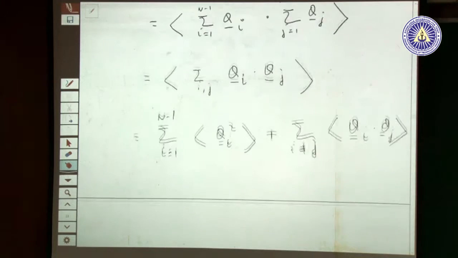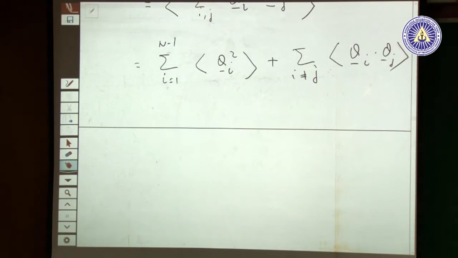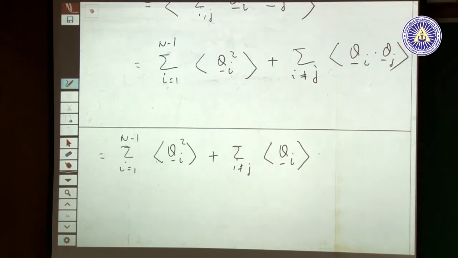But we know that the q_i's are uncorrelated from the q_j, each is distributed independently, right. So, I could write this now as the sum over i from 1 to n minus 1 of q_i squared. These are all equilibrium averages, I am not adding the equilibrium suffix, plus the sum over i not equal to j of q_i dot q_j, and each of these the average value is 0, because they can be oriented arbitrarily.